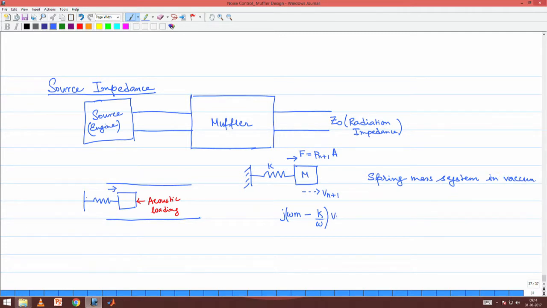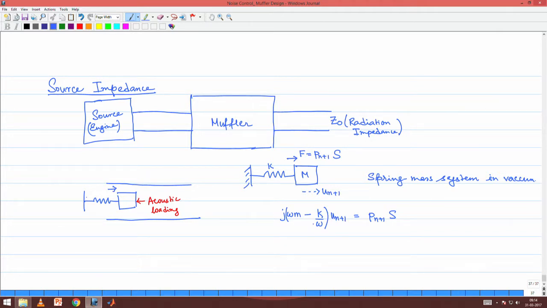So, impedance into velocity should be equal to the force, right. So, the force is P n plus 1, times S, because we have been using S for the cross sectional area, P n plus 1 into S, right. I should call this U n plus 1, because this is the particle velocity, right.